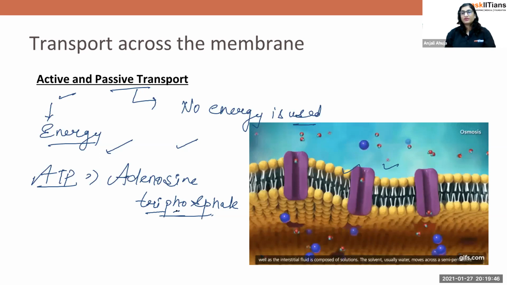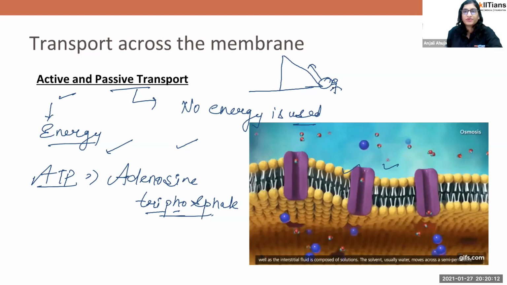Now let me tell you one more definition. Let me see if I have space there. No, I don't have space. I'll just write it up there only. Understand this, guys. Suppose you are standing here and this is a hill. Imagine you have a big ball with you that you have to throw up there.